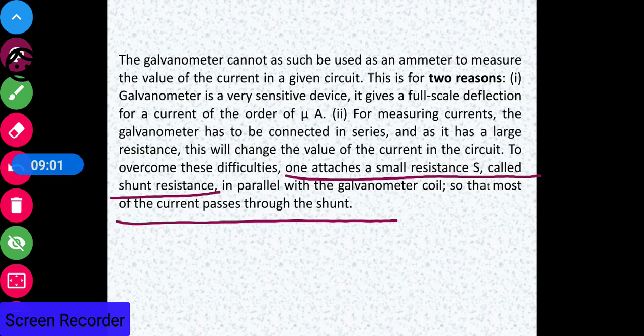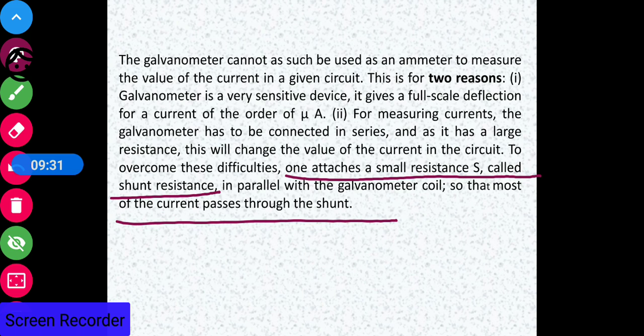So the important question: why can the galvanometer not be used as such as an ammeter? The answer, two reasons. One, it is a very sensitive device. It gives a full scale deflection even for a small current of microampere. And second, it has to be connected in series, and if it has a high resistance, then the maximum current will not pass through it.